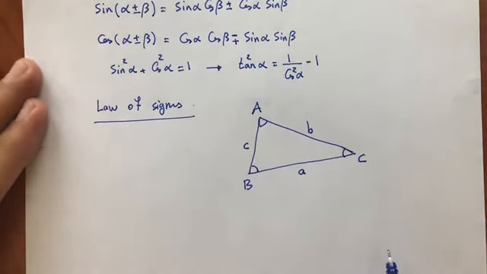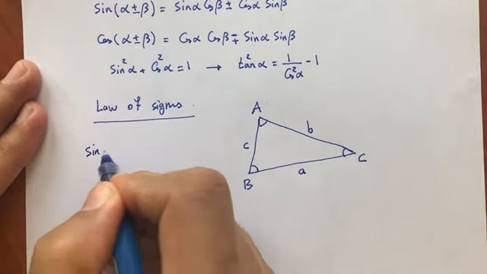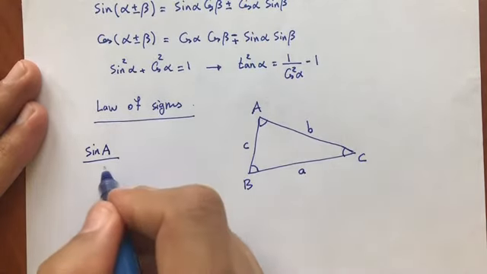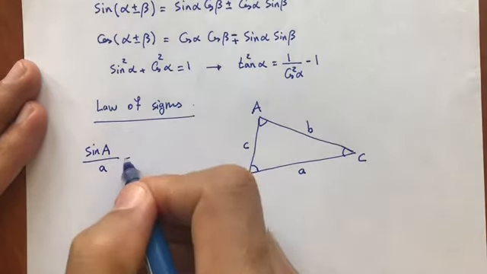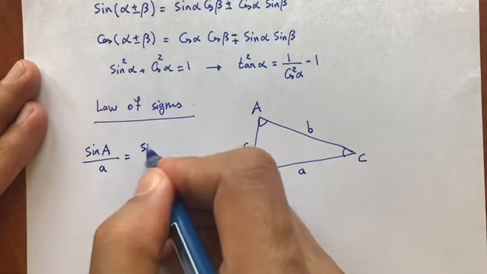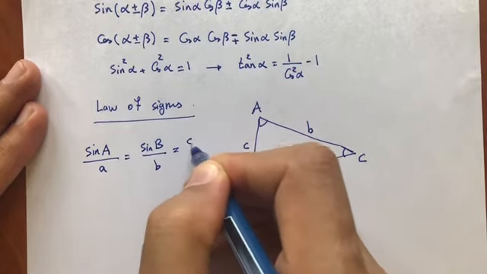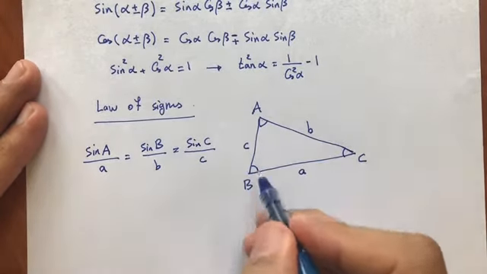Same thing for the others. Probably you know this. Sine of each angle, like for example A, if you divide it by the length of the front side, it's going to be the same for all of them. So sine of A divided by a is equal to sine of B divided by b is equal to sine of C divided by length c.